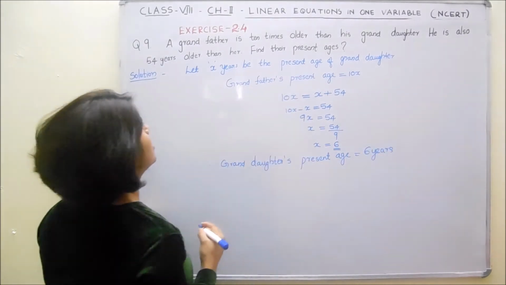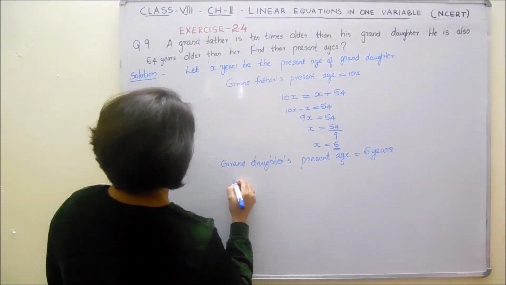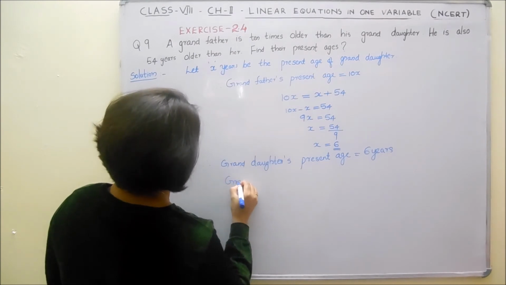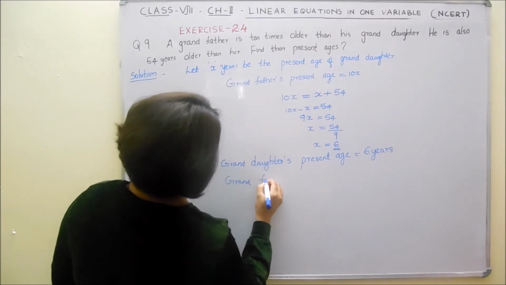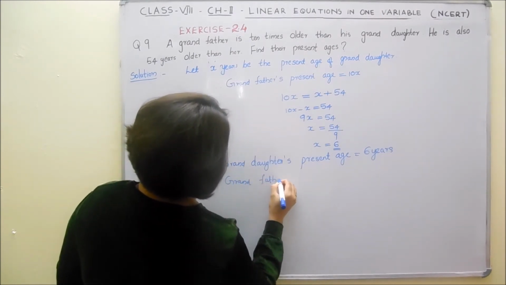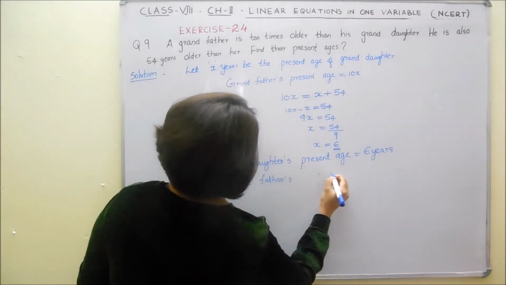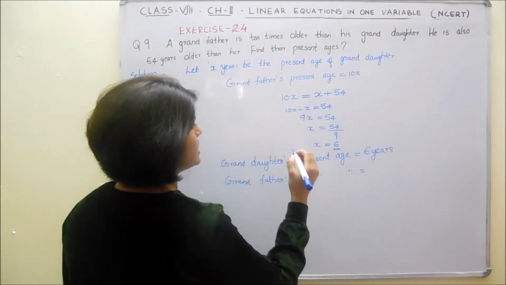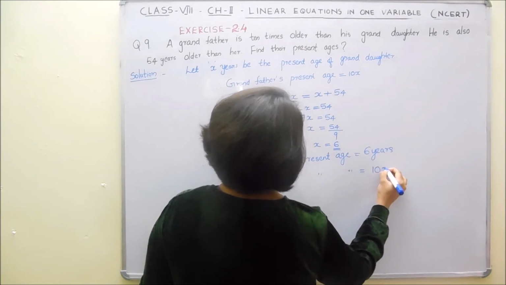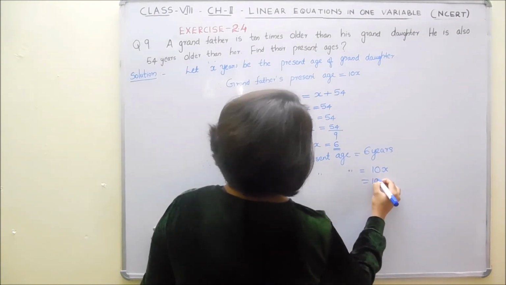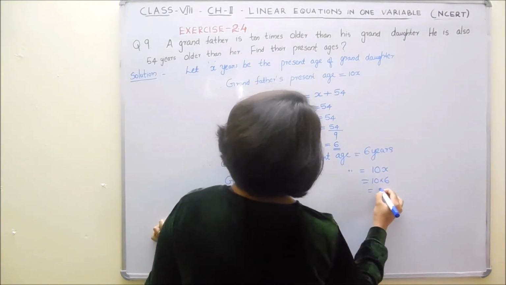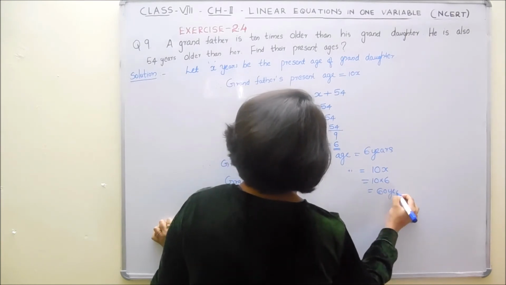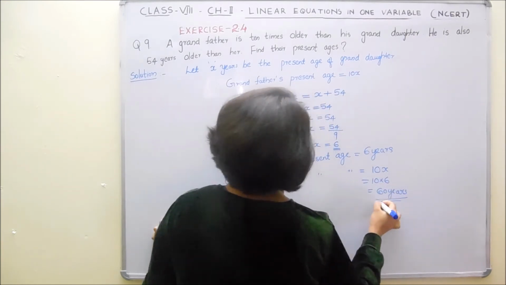Yes. Then what would be grandfather's age? Grandfather's present age equal to 10 into x. That is 10 into 6. That is 60 years. Clear?